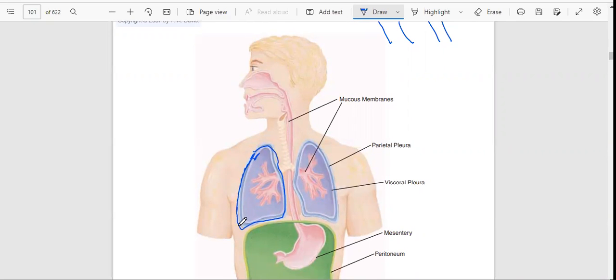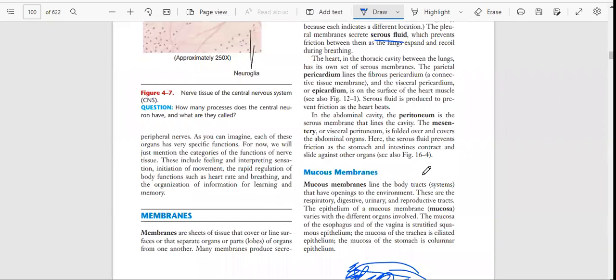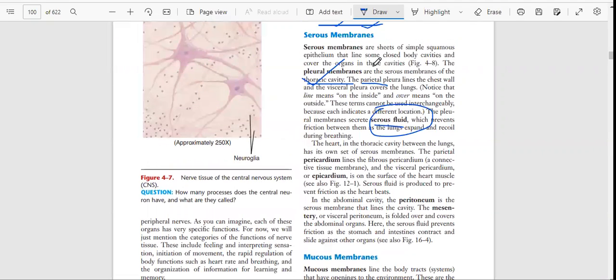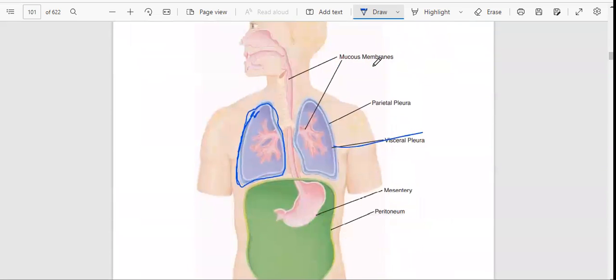So outside is parietal pleura and inside is visceral pleura. It will secrete a liquid called serous fluid. Serous fluid is there in between the lungs and this pleural membrane.